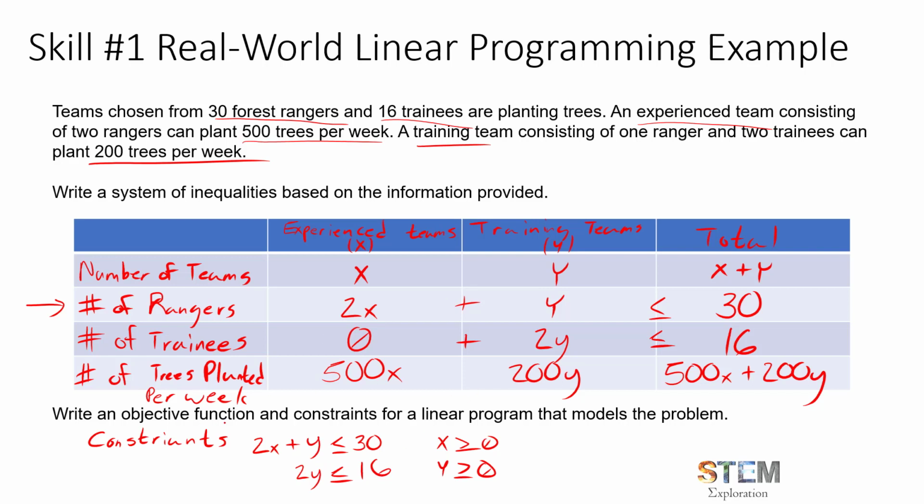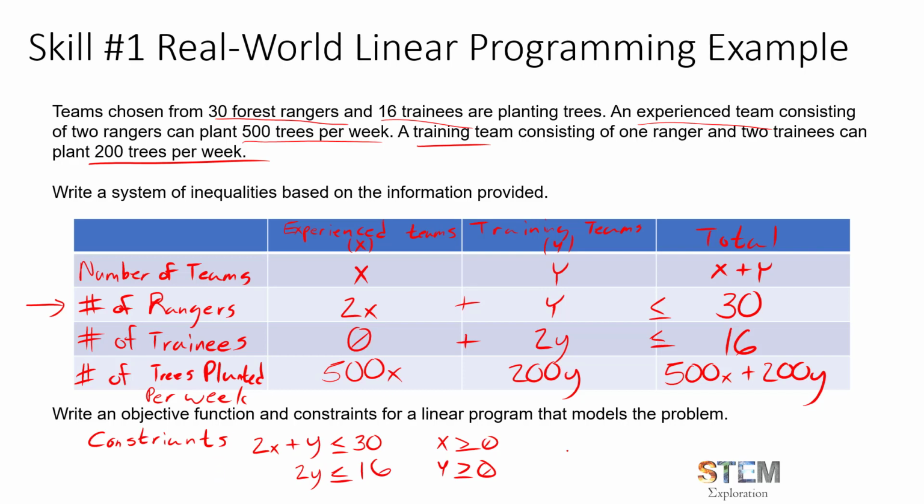Now, the objective function is what you would use to measure how you would make that choice. All right, so previous video we talked about maximizing some objective function p. Well, the thing that you are objectively looking at is you want to figure out, in this given instance most likely, how to maximize the number of trees that you plant.